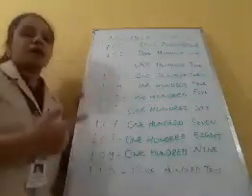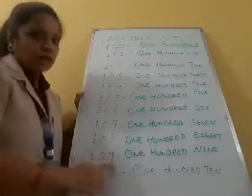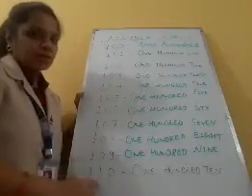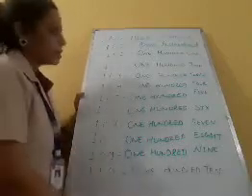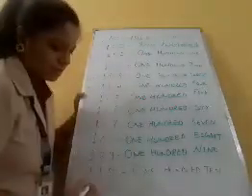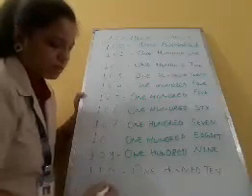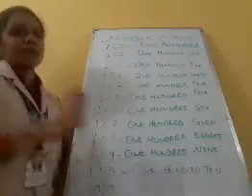101, 102, 103, 104, 105, 106, 107 and up to 110 and so on. 111, 112. After 109, the next number is 110. So how do some students write 110? As in this sequence, 1010. Many are writing like that.